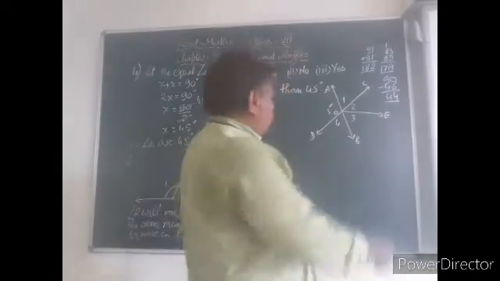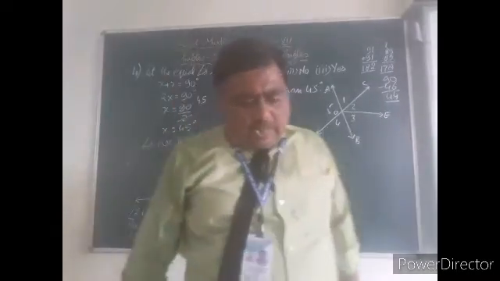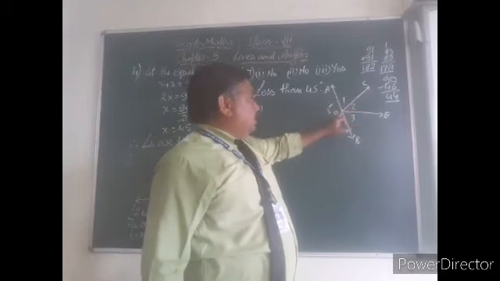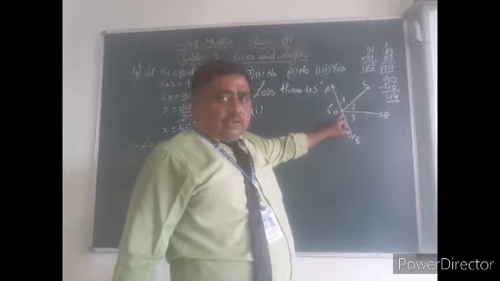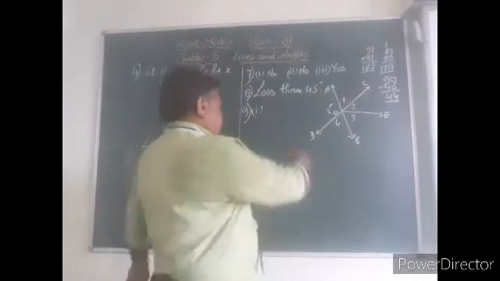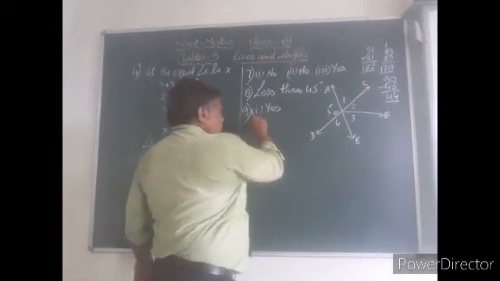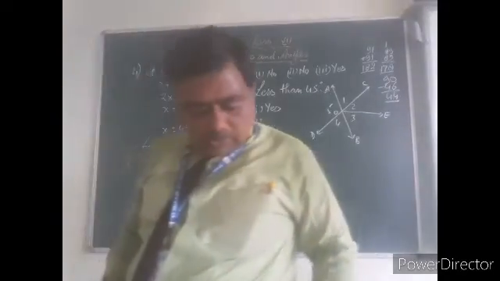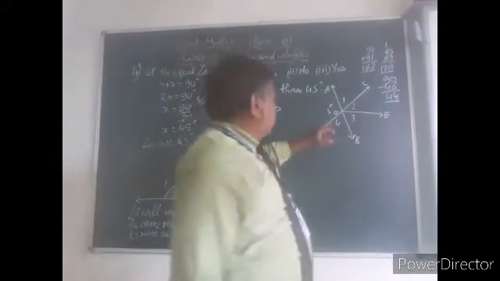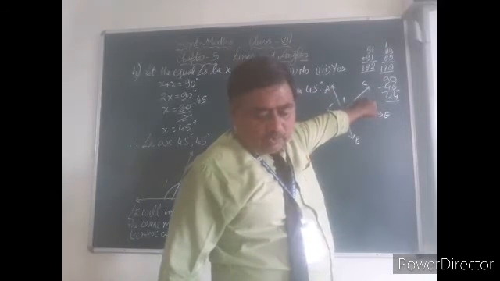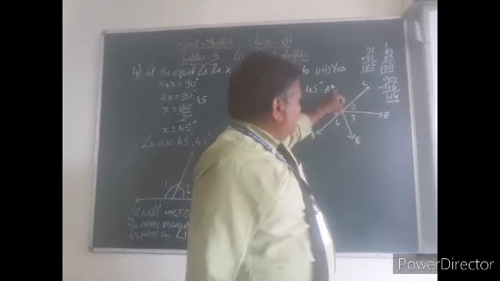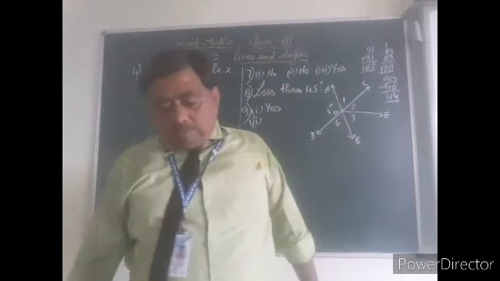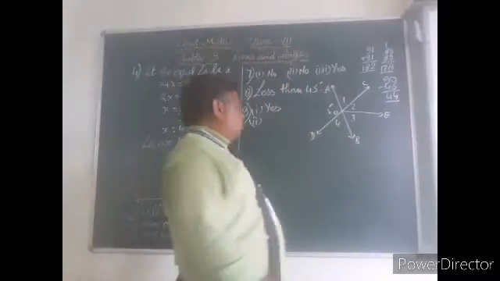Now, first one, is angle 1 adjacent to angle 2? These angles have the common vertex O and a common arm. So, yes. Second, is AOC adjacent to AOE? Since both of them do not have a common arm, therefore no.